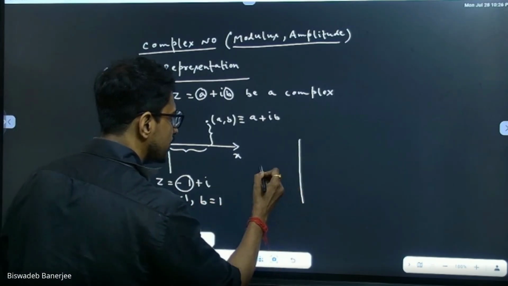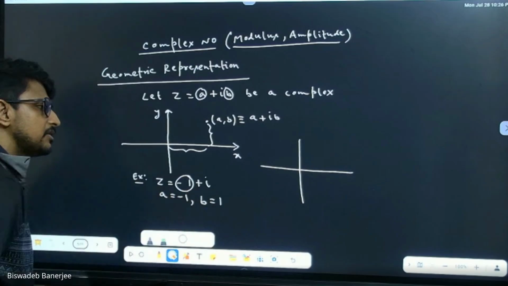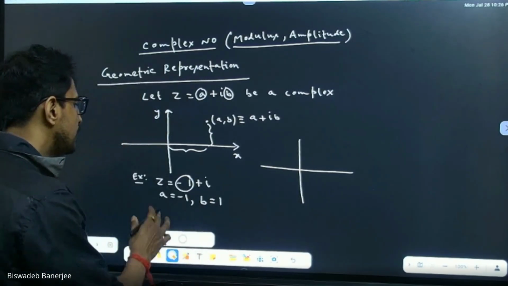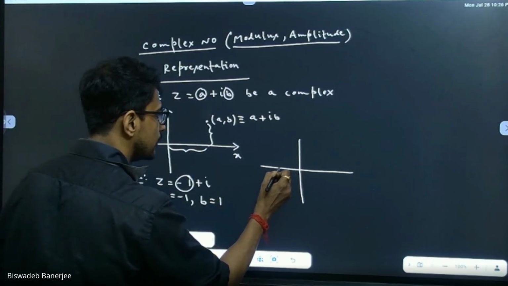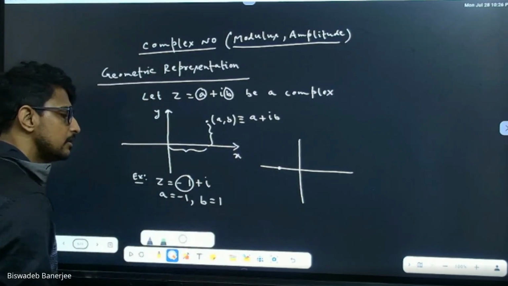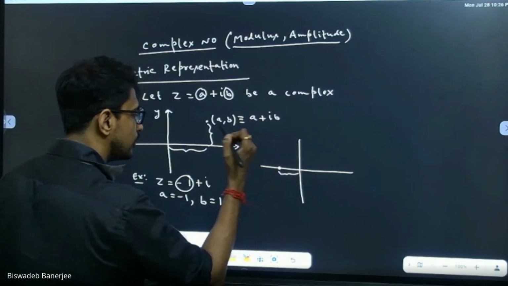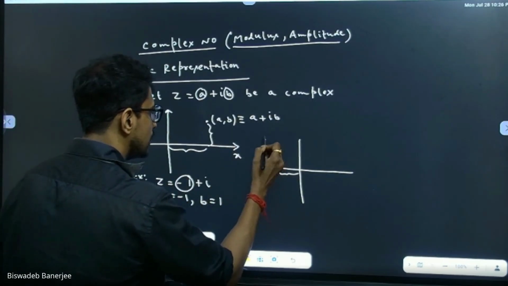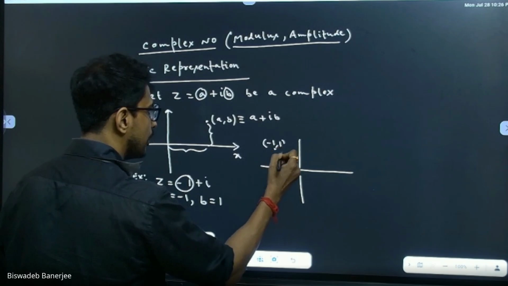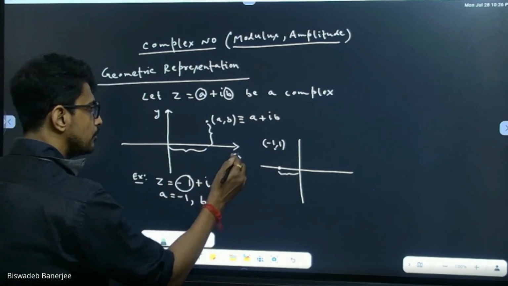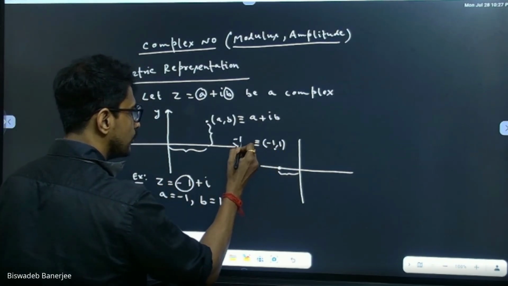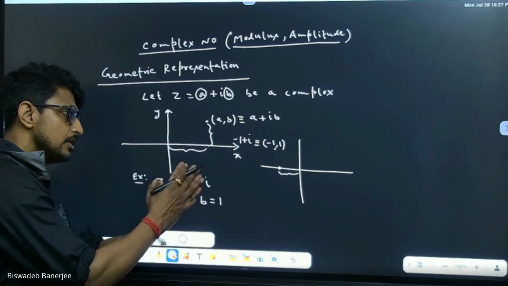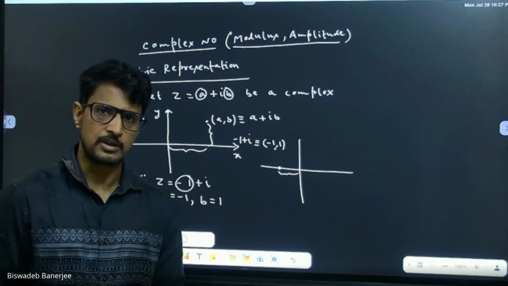If we represent this in the coordinate axes, this distance is -1 and this distance is +1. So this will be my (-1, 1), or in short, -1 plus i. So this is called the geometric representation of a complex number.